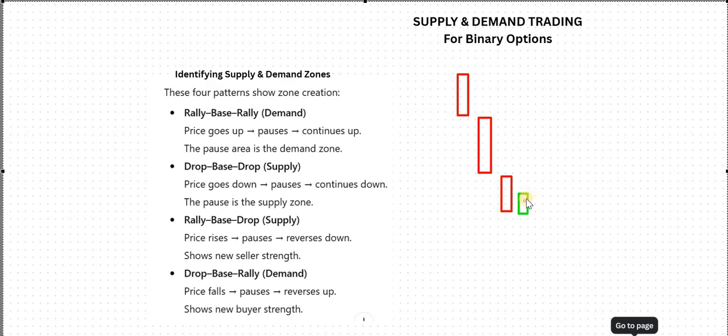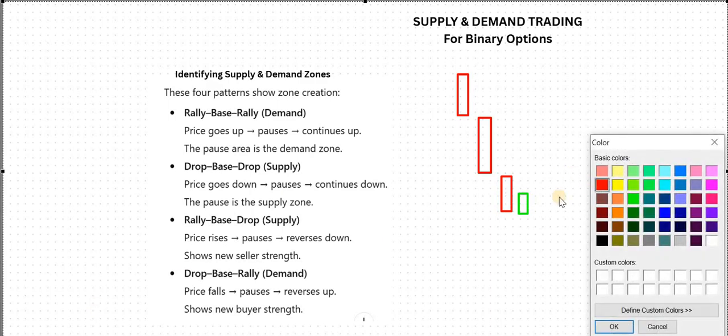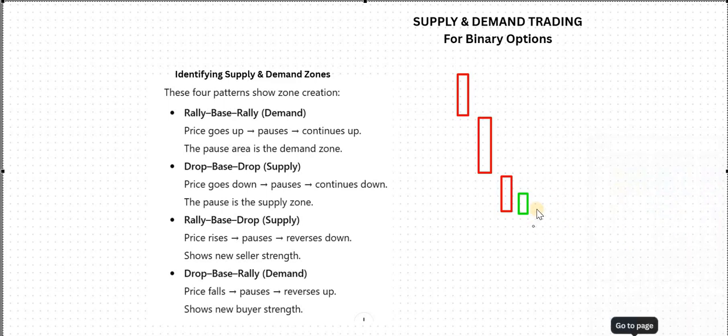When you get this kind of candlestick, the downtrend continues downward like this. This has given you a drop, base, drop in a higher time frame.